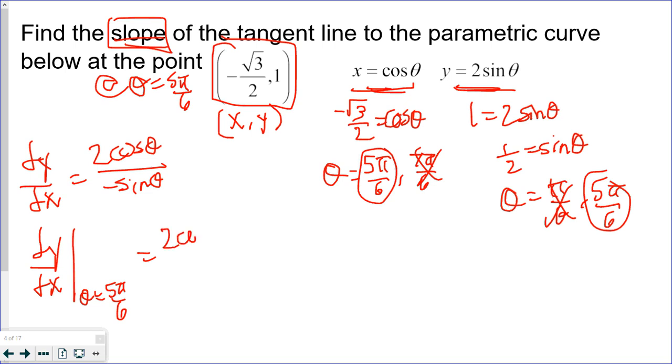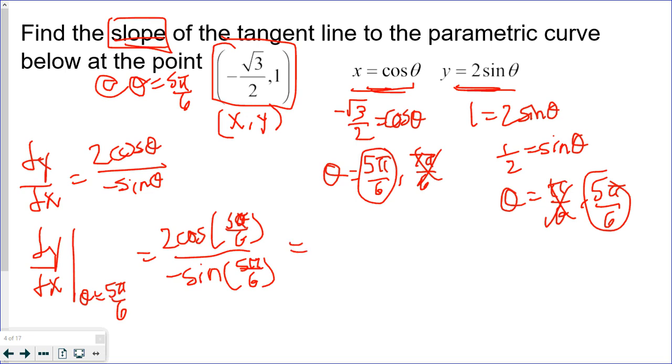So that's 2 cosine of 5 pi over 6 divided by negative sine of 5 pi over 6. That's ugly handwriting, I'm so sorry. But let's see here, what is that going to end up equaling?